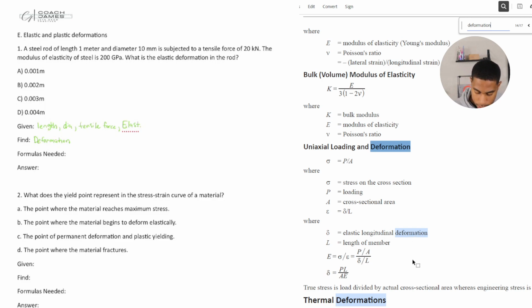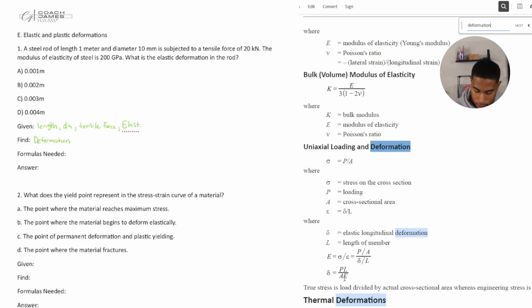We're given the force, P, the loading. We're given the length of the rod. Are we given the area?